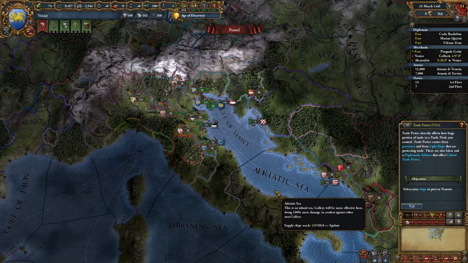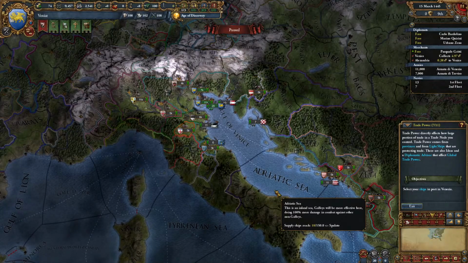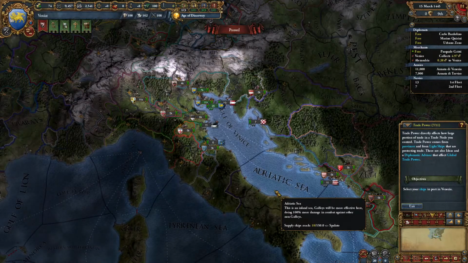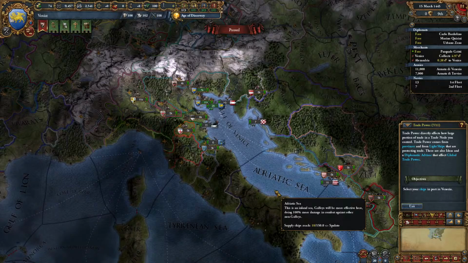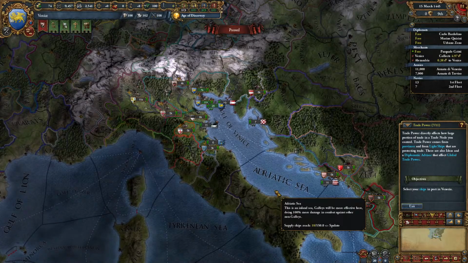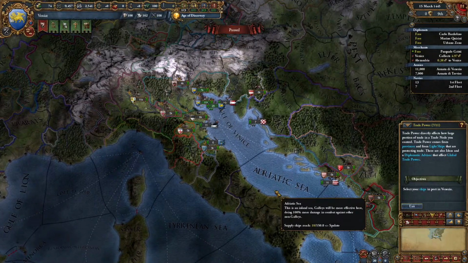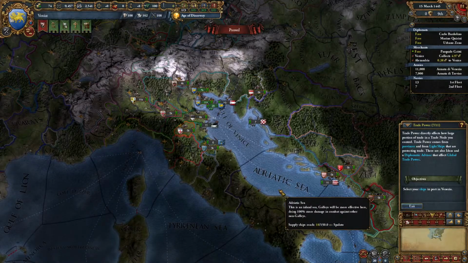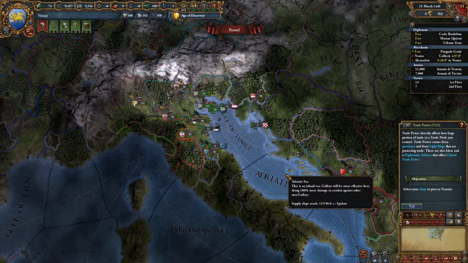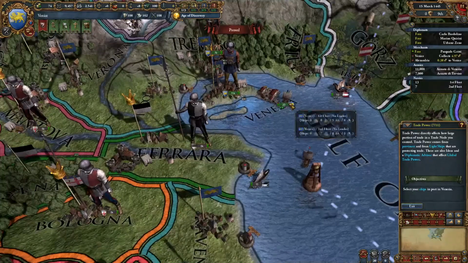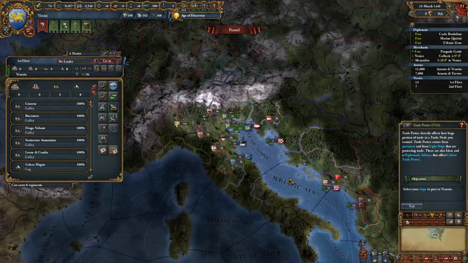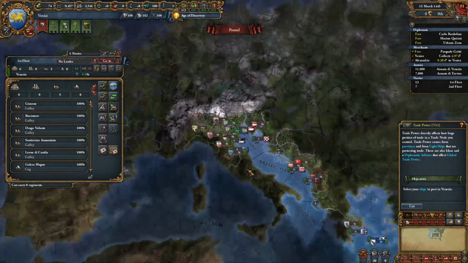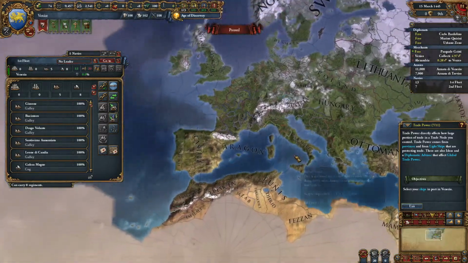Trade power directly affects how large a portion of trade in a trade node you control. Trade power comes from provinces and from light ships that are protecting trade. There are also ideas and a diplomatic advisor that can affect global trade power. Select your ships in the port of Venice. Okay. Done.